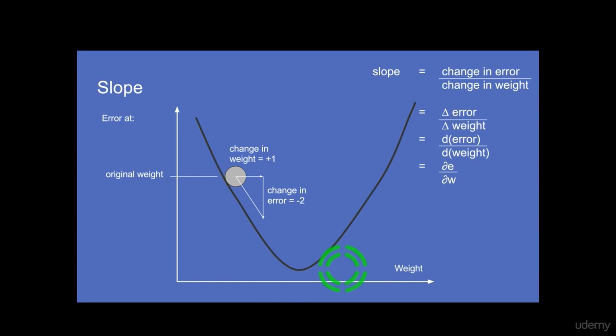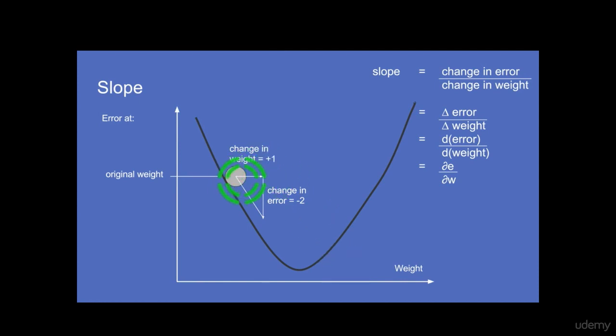So here we have added, ever so slightly, just 1 to the weight, and that created a change in the error to give us a -2.